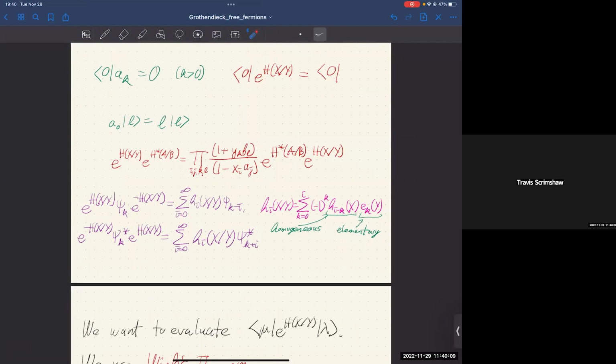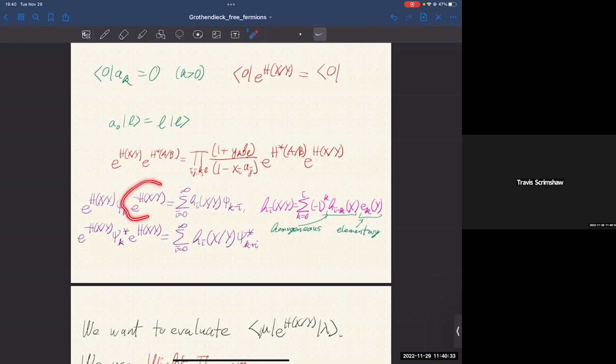Then the next thing we want to know is how the half vertex operators interact with the psi and the psi star. And then from these operations applying star, I can get every other type of commutation relation I want. We end up with an infinite sum when we try and commute them past each other.